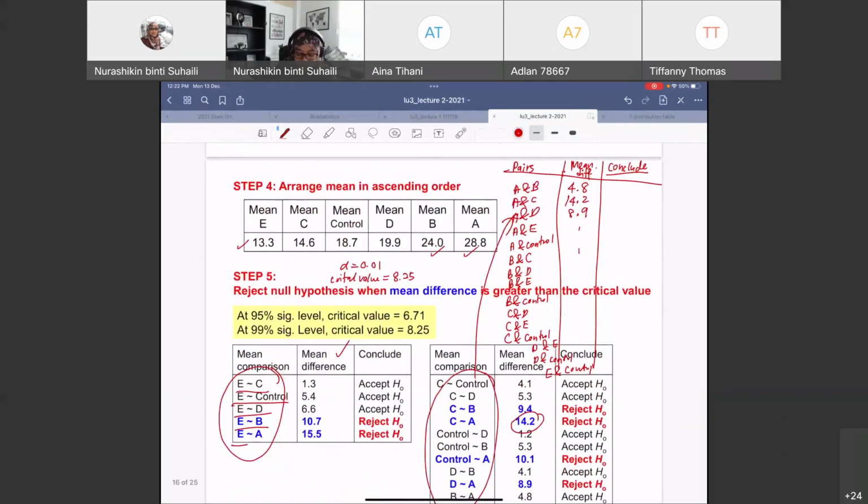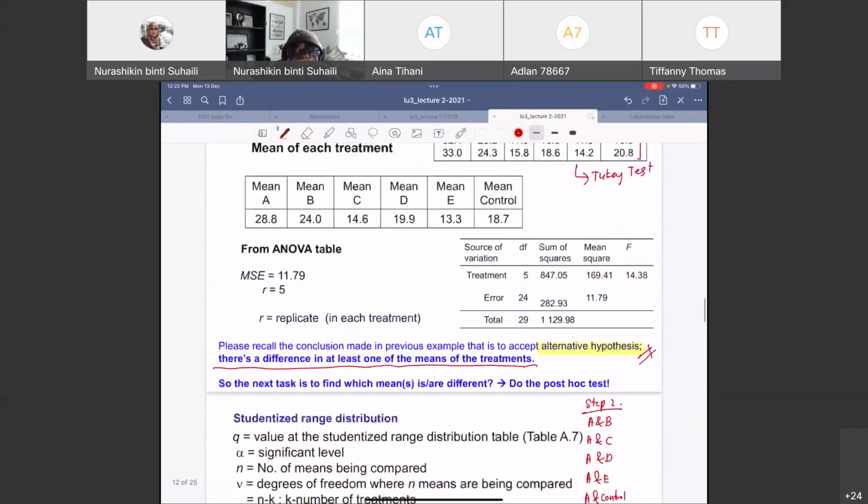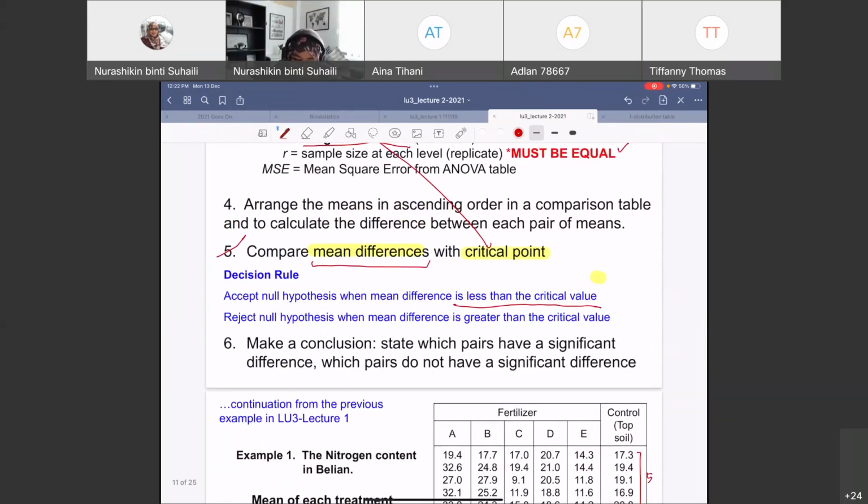So what you have to mention in the conclusion part here, or decision, this is actually decision. So remember the decision rule. When the mean difference is less than the critical value, you accept null, and the other way around, you accept alternative hypothesis.